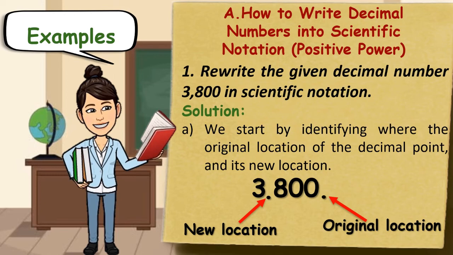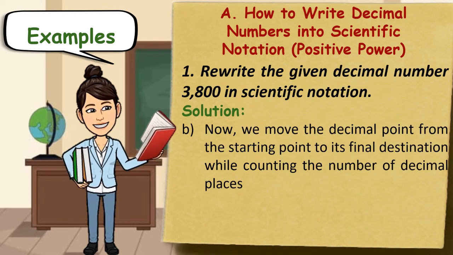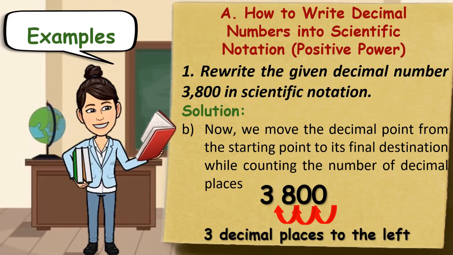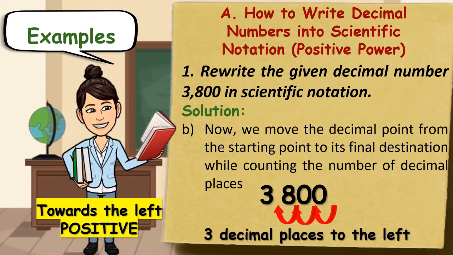Now, we move the decimal point from the starting point to its final destination while counting the number of decimal places. From the original location going to the new location, we will count 3 decimal places to the left. Remember the rule a while ago which states that if the decimal is moved towards the left, the count for the exponent of base 10 is positive.